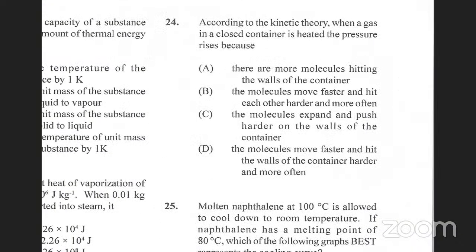24, according to kinetic theory, when a gas in a closed container is heated, the pressure rises because the molecules move faster and hit the walls of the container harder and more often, right? Always remember that collisions increase, right?